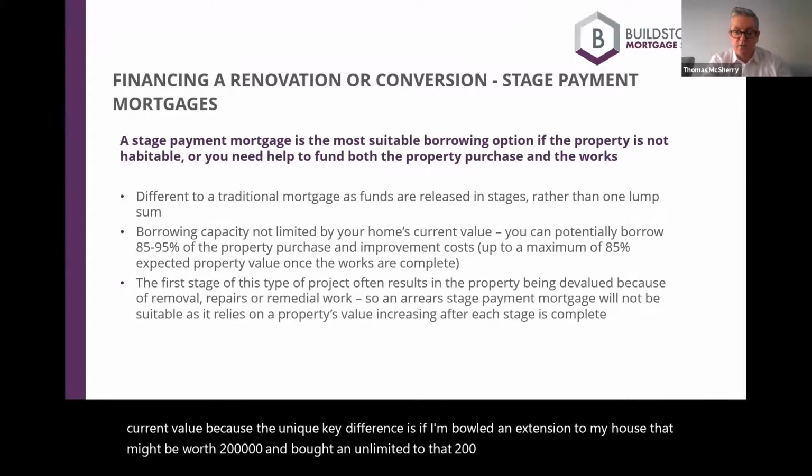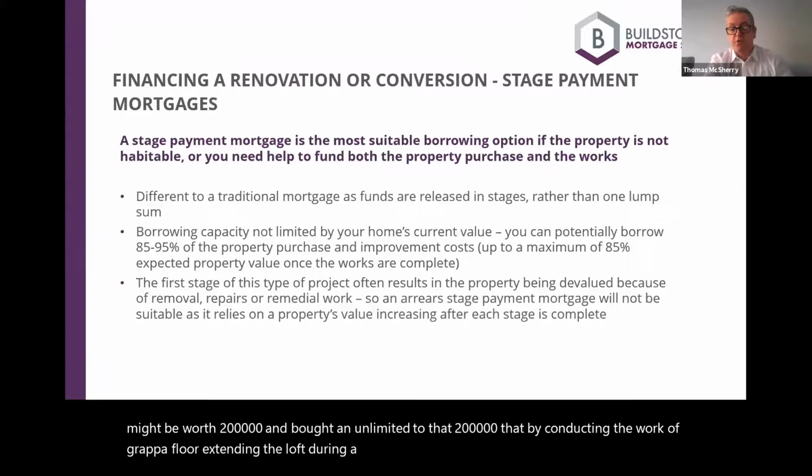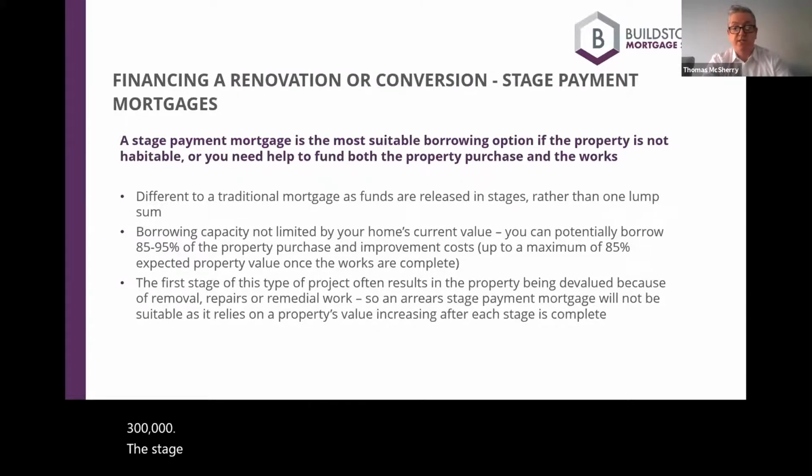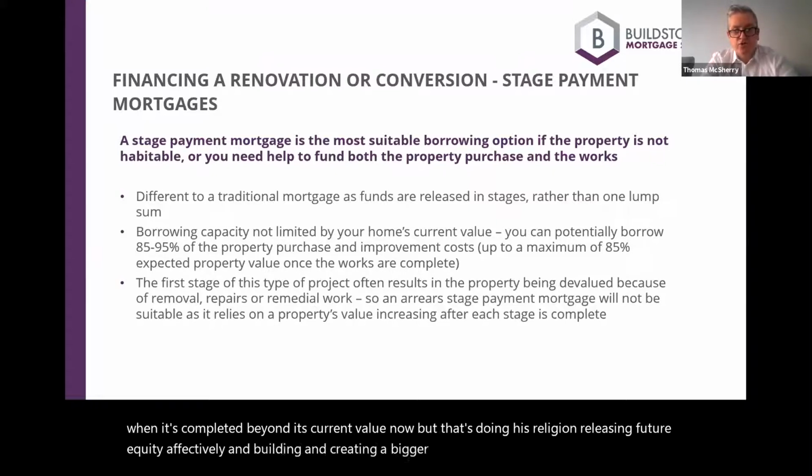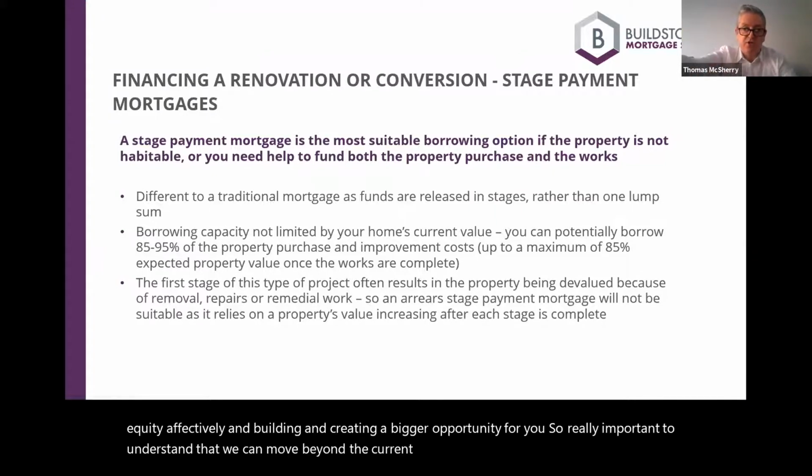If by conducting the work, we've gone up a floor, extending the loft, doing a wraparound extension, the property becomes worth 300,000, the stage payment mortgage process allows you to borrow up to the end value of the project when it's completed, beyond its current value. Now, what that's doing is releasing future equity effectively and creating a bigger opportunity for you. So it's really important to understand that we can move beyond the current value and we're focusing on the end value of the work when completed.